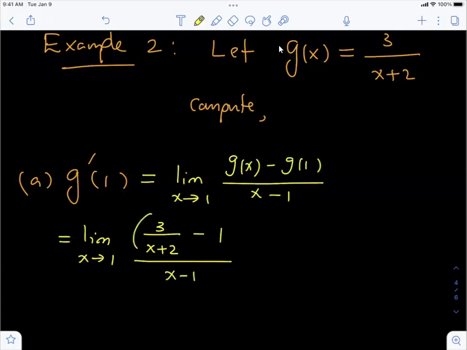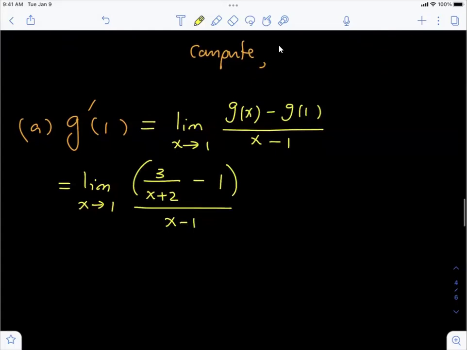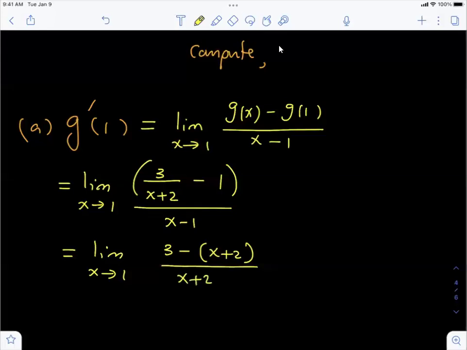So I will just put 1 in there. x minus 1, and then limit as x goes to 1. Now do the simplification with a common denominator. With the common denominator, you're going to get 3 minus (x plus 2). The whole thing is divided by x plus 2, times, we're dividing again by the denominator, x minus 1.